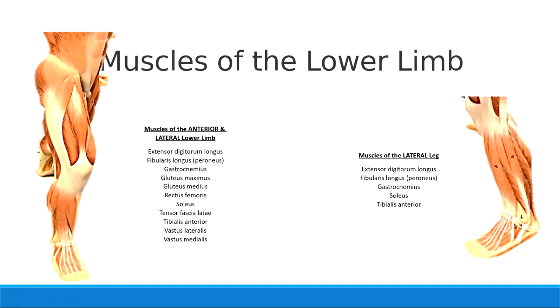So the easiest way to identify fibularis longus is its name. Tell me what bone it's on top of. Fibularis longus is on top of the fibula. Yep, not a trick question.